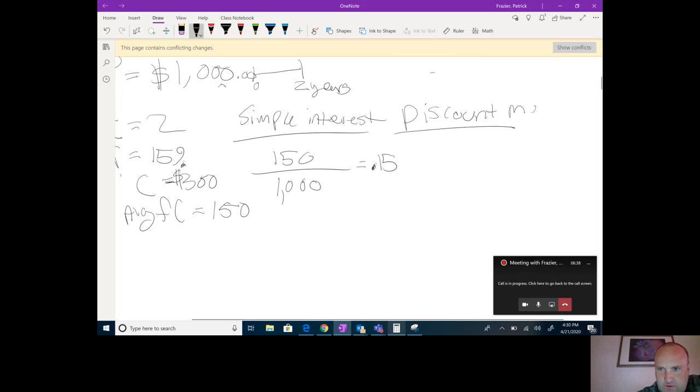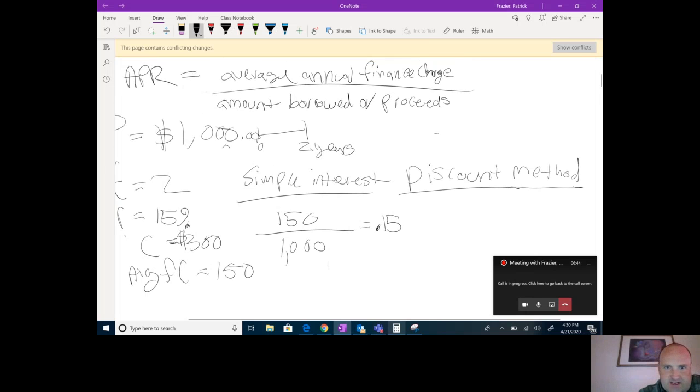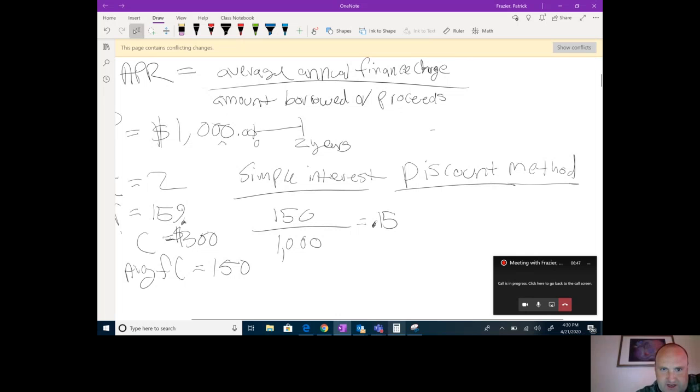Well, let's find out. The discount method, again, we're going to take the average annual finance charge, but this time we're going to take out the actual amount that we pay. So remember, we have $300.